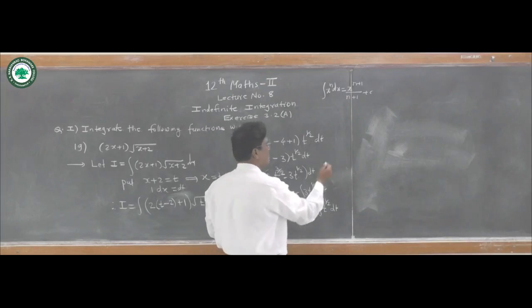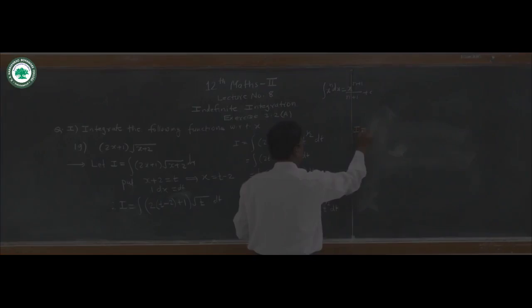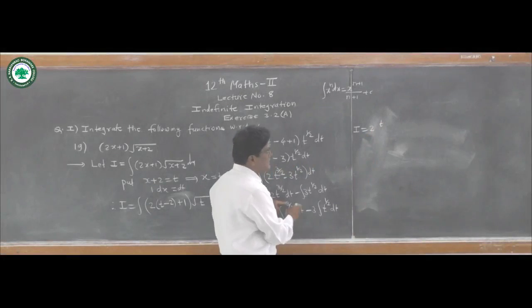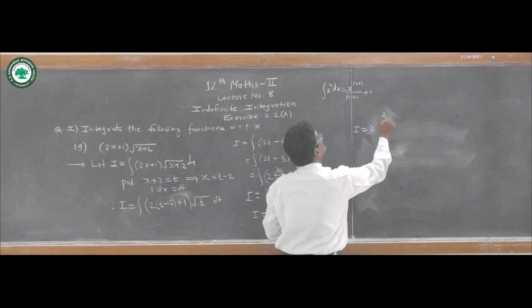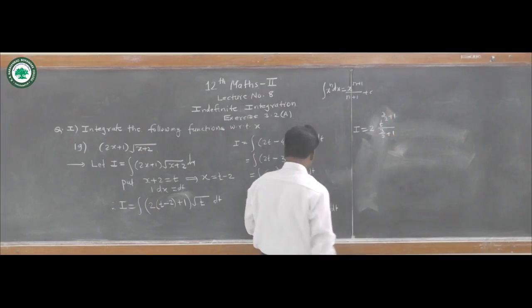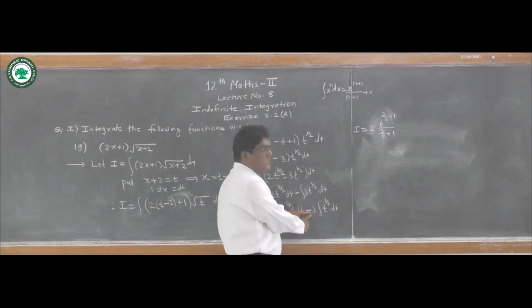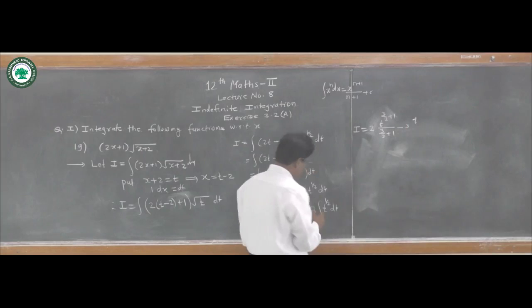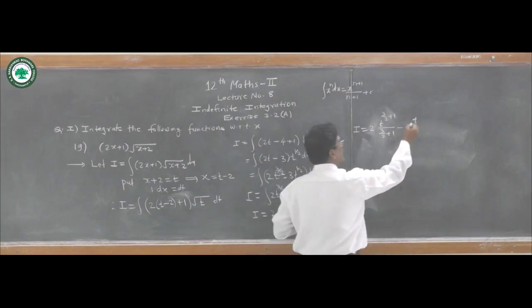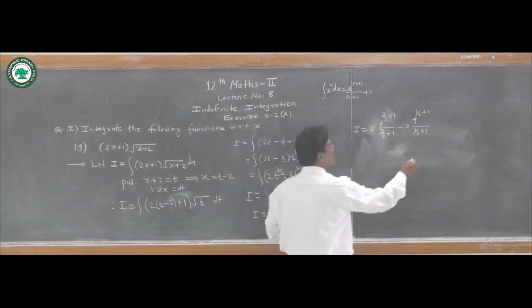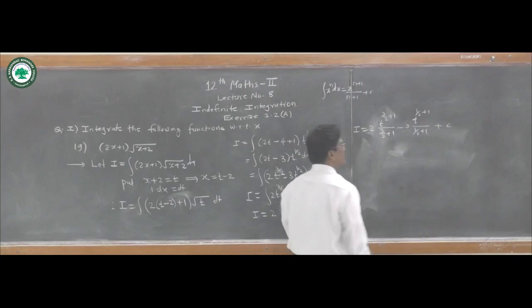So we get the required integral I is equal to t to the power 3 by 2 plus 1 divided by 3 by 2 plus 1, minus this constant 3 as it is, 3 into t to the power 1 half plus 1 divided by 1 half plus 1, and lastly we put c, the constant of integration.